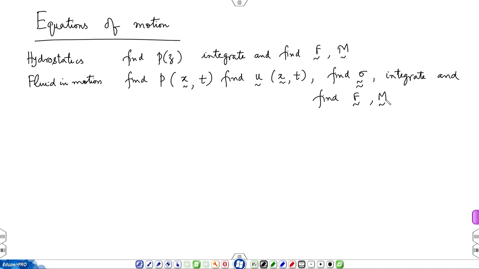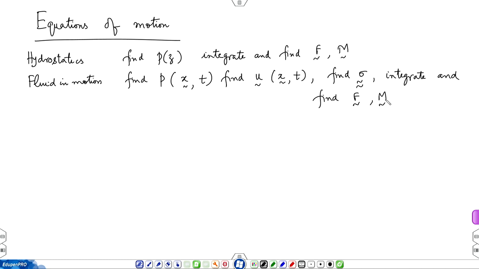Okay, so this is the overall procedure. So, how do you find P and u? By reference to the natural laws. Okay. Now, when you say force equal to mass times acceleration, acceleration is not 0. Okay. It's a definite value.